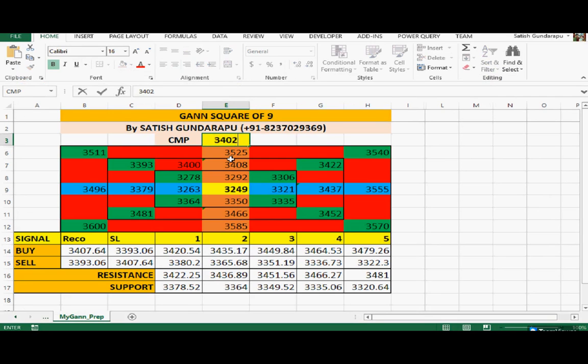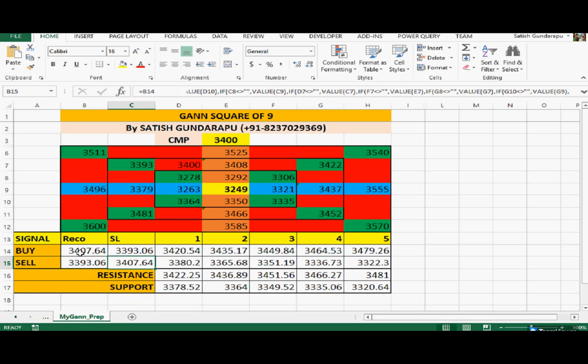Like we start like that, 3400, 3400. So definitely we can wait for these levels. Yeah, definitely we can try for the rising tide. Yeah, I will share that. I think this is actually what you are looking for, I think.